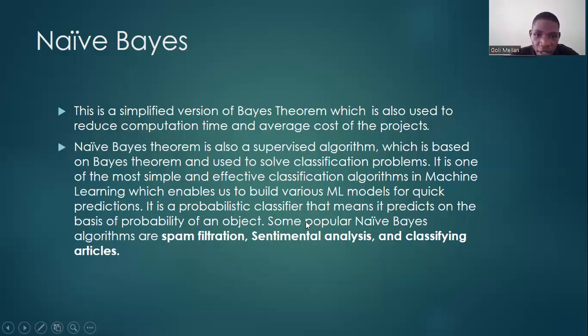It is a probabilistic classifier, which means it predicts an object on the basis of probability. Popular uses are spam filtration for emails, sentiment analysis, and classifying articles. Those are some of the areas where this is highly recommended.